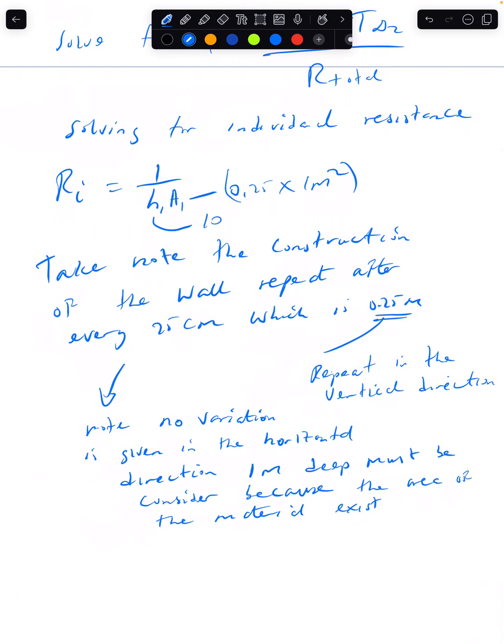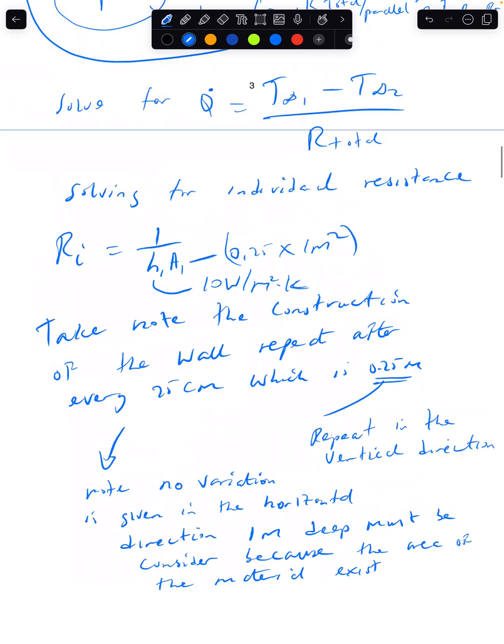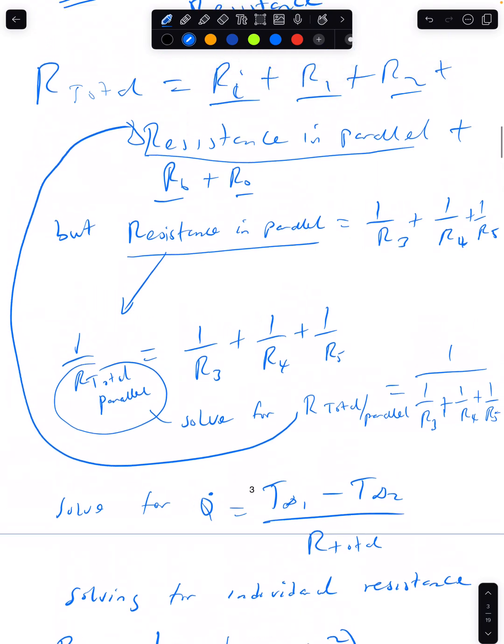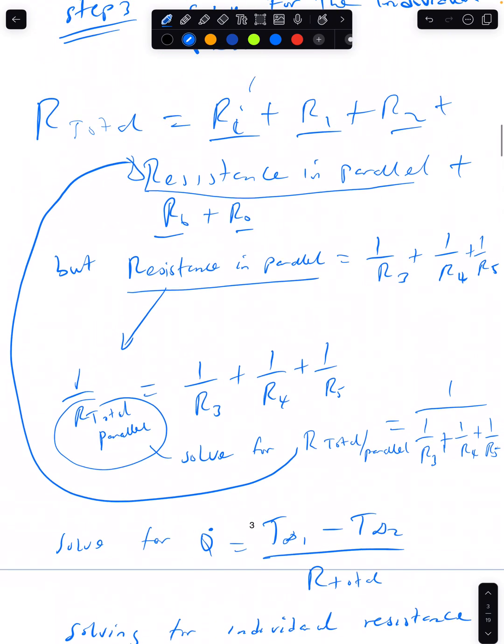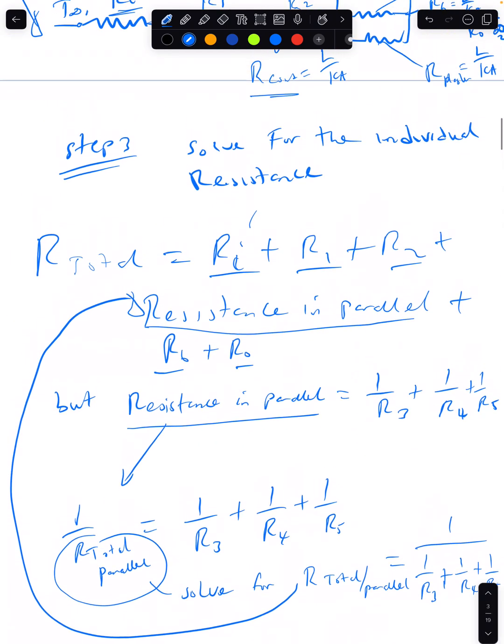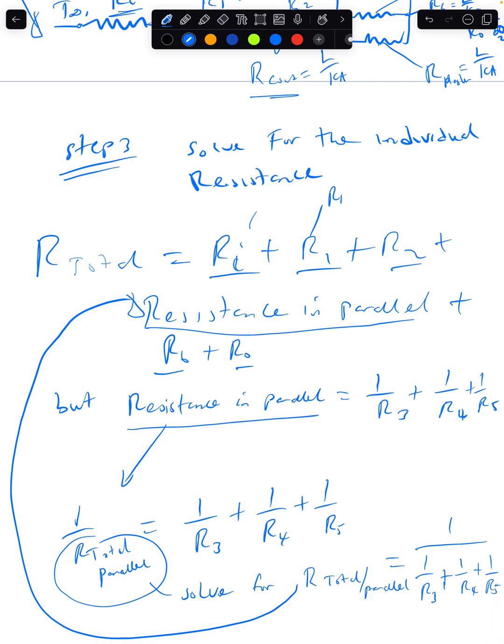So we can calculate that RO1 for the convection process. So this has been calculated. Now we move to RO1.